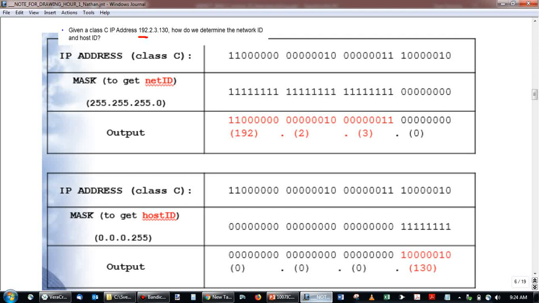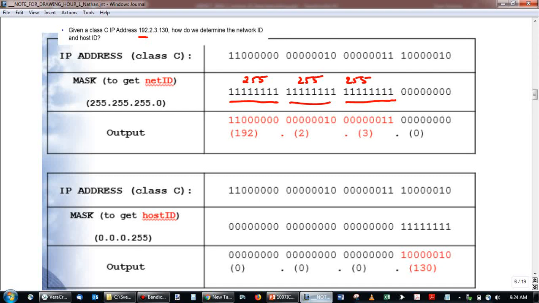Class C addresses have 3 bytes for the network. The first 24 bits are the network part. That means I want to keep them, which means that my mask will have 8 ones. 8 ones is 16 ones, and 8 ones is 24 ones. Does that make sense? If I look at this as a number, what number is this? This is the number 255. 255, 255.